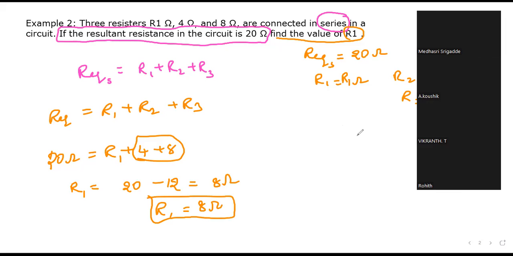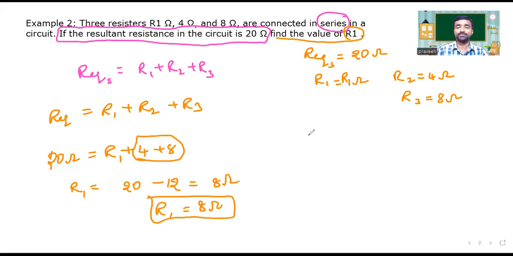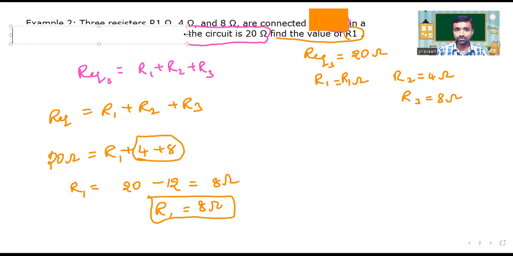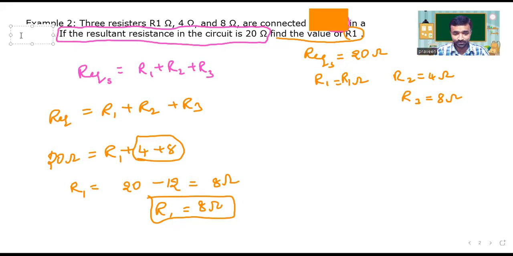Right. So a small change in the question, same question only, but I'll make a small change. While I was preparing the question paper, I forgot to mention the combination. I just wrote that they are connected in a combination, but I don't say which combination.